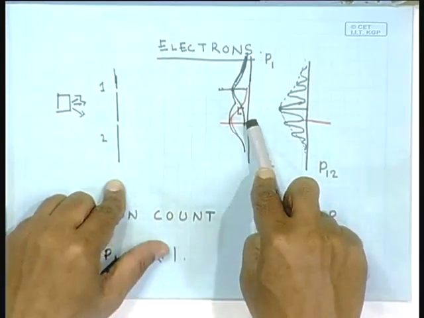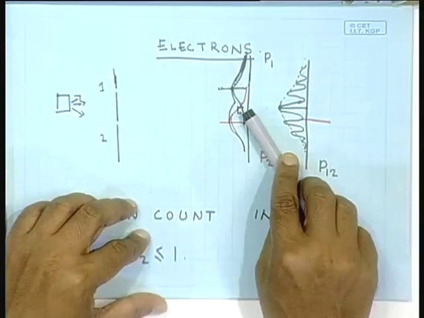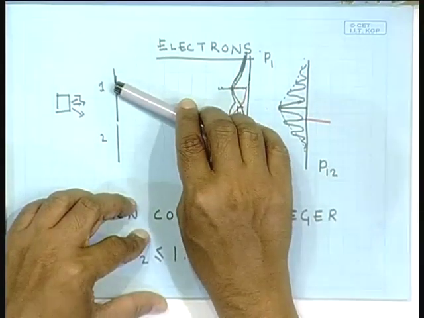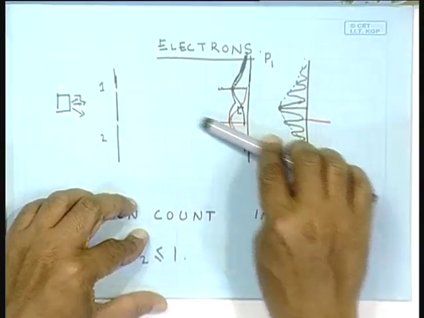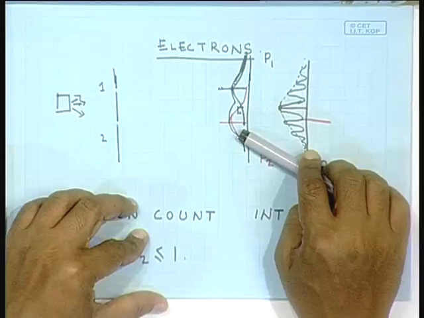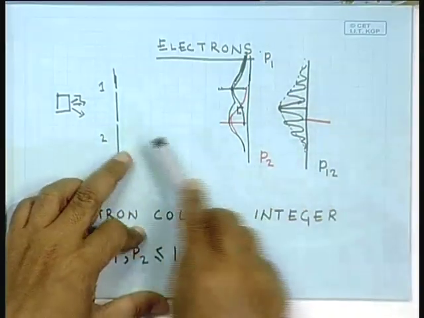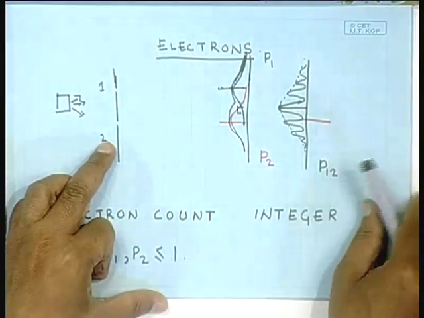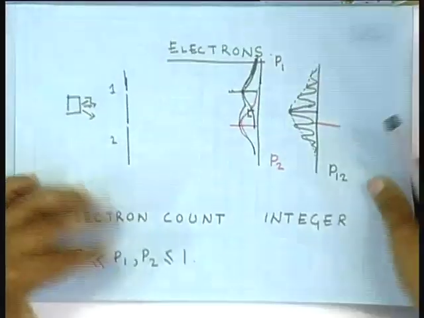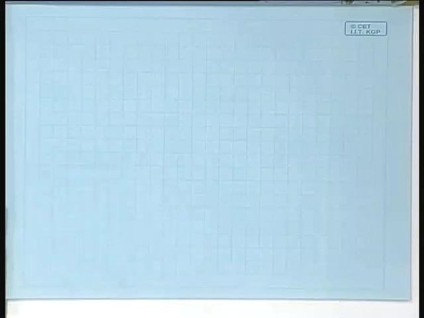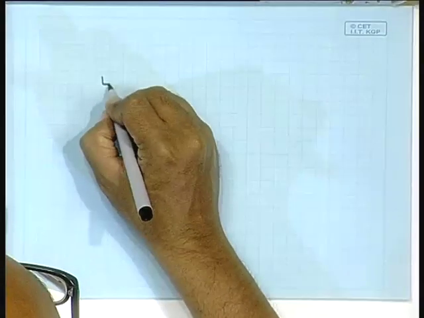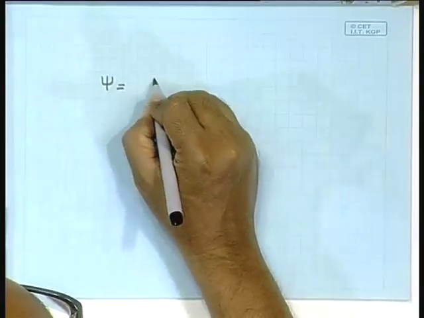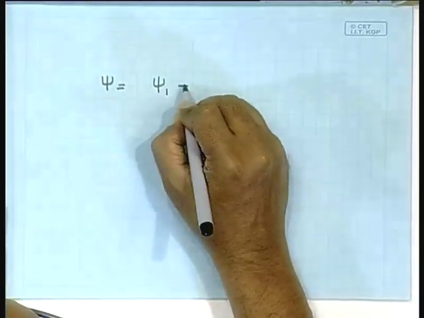The psi at this point is going to be the superposition of a contribution from this slit, which we will call psi 1, and a contribution from this slit, which we will call psi 2. So, on the screen at any point, psi is going to be psi 1 plus psi 2.